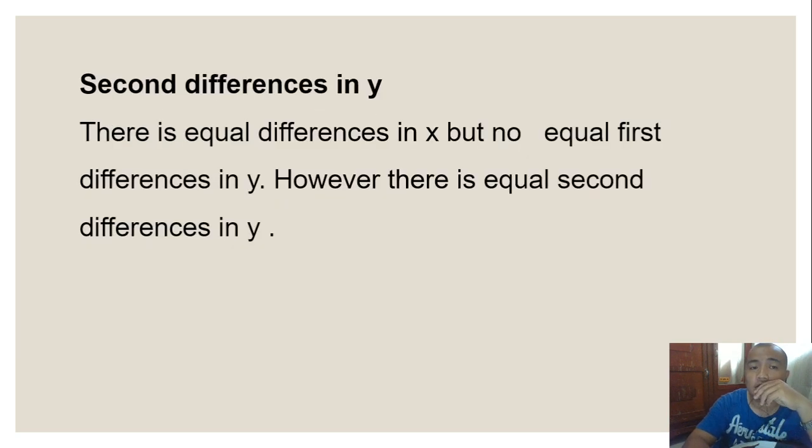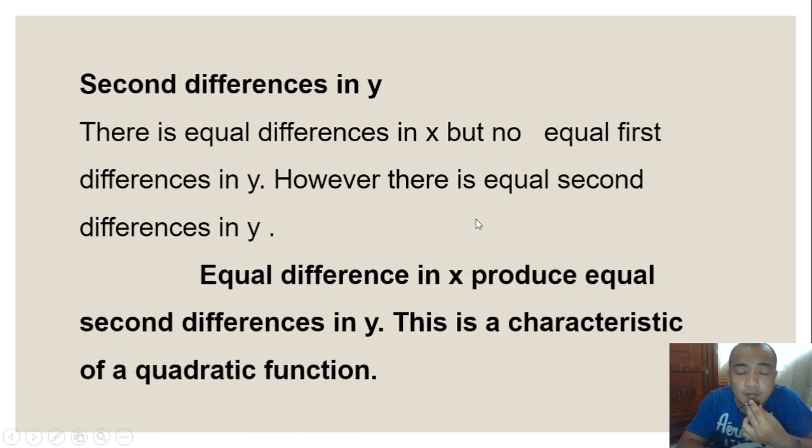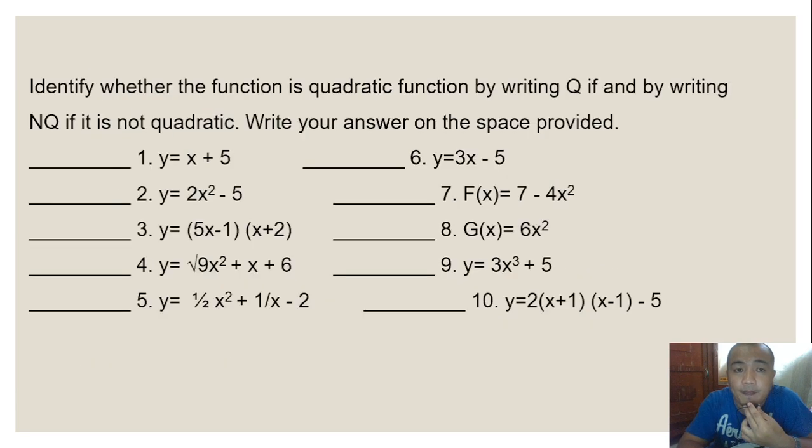There are equal differences in x, but no equal first differences in y. However, there are equal second differences in y. So that is how we can describe or identify a quadratic function. Equal differences in x produce equal second differences in y. This is a characteristic of a quadratic function.